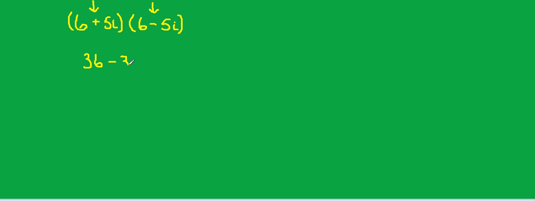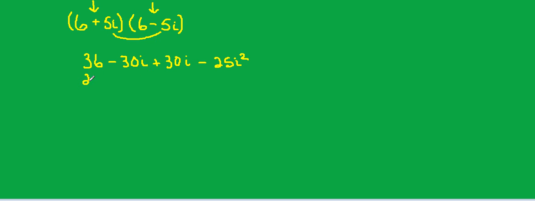Outside is negative 30i. That's the 6 times the negative 5i. Inside is 5i times 6, which is positive 30i. And last is 5 times negative 5i, which is negative 5i times negative 5i. And that's going to give me negative 25i squared. Okay, negative 25 times negative 1 is positive 25.